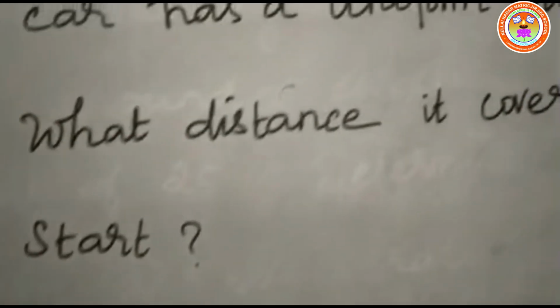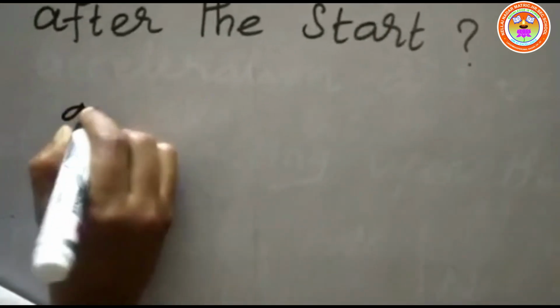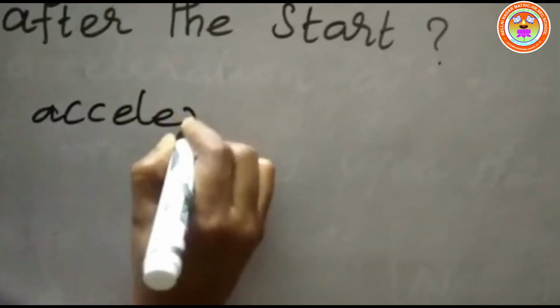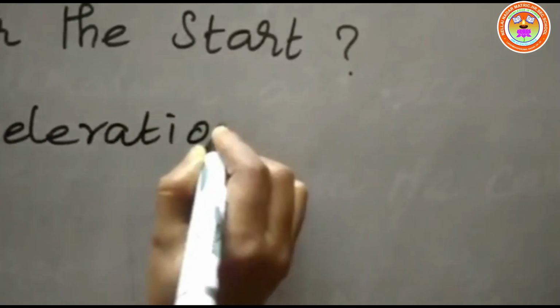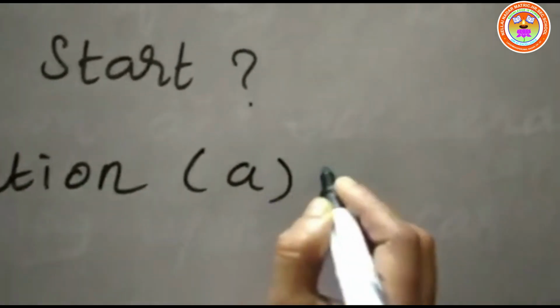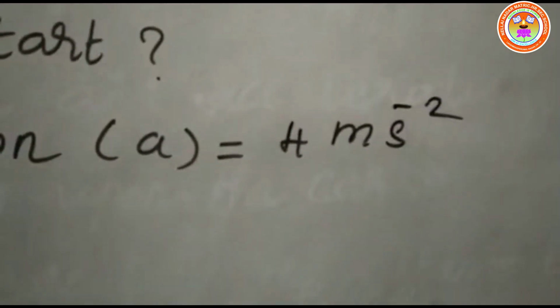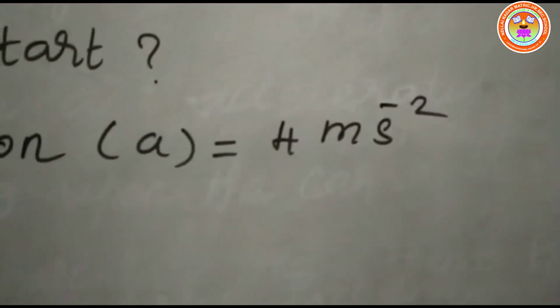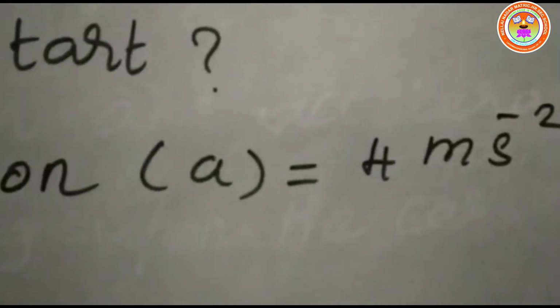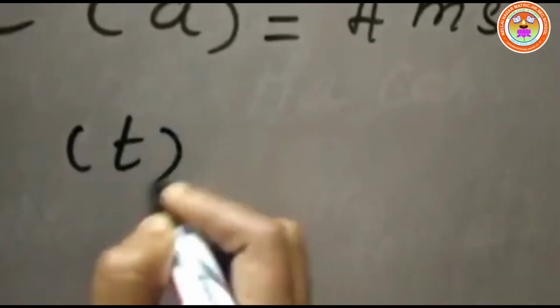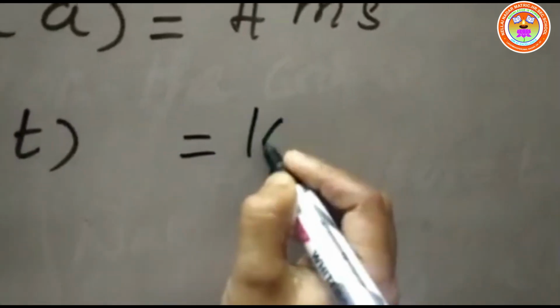So first we have to write what data are given. First, the acceleration value is given. What is the symbol of acceleration? a. a is equal to 4 m/s². And next, the time value is given. t is equal to 10 seconds.